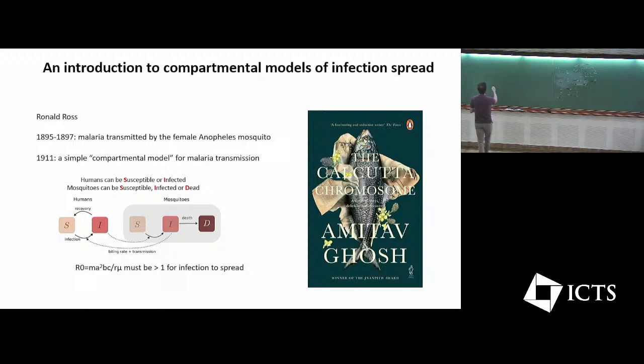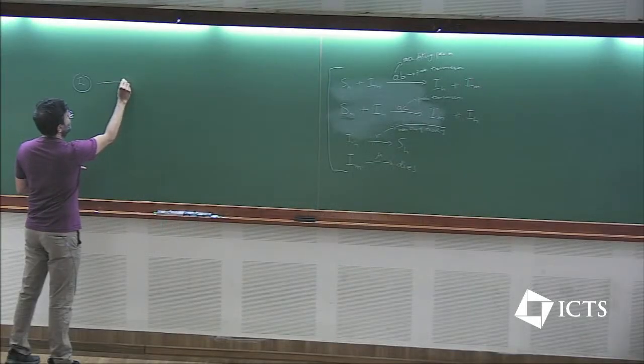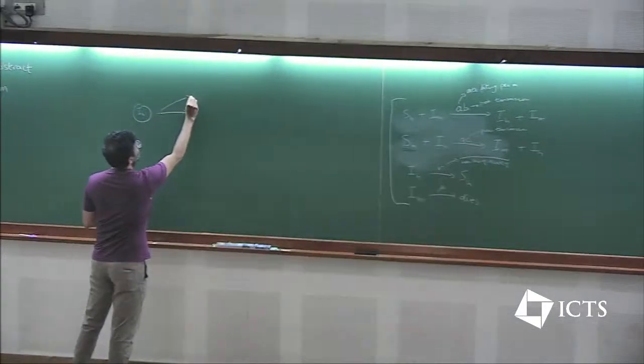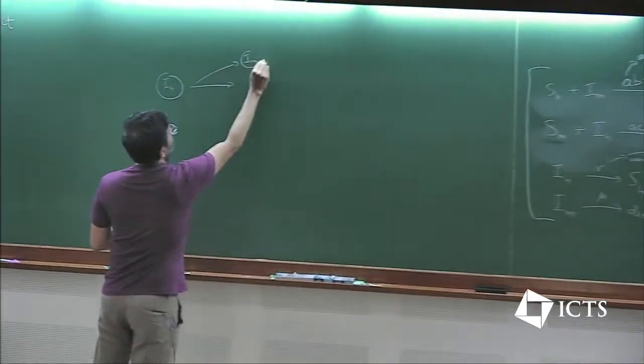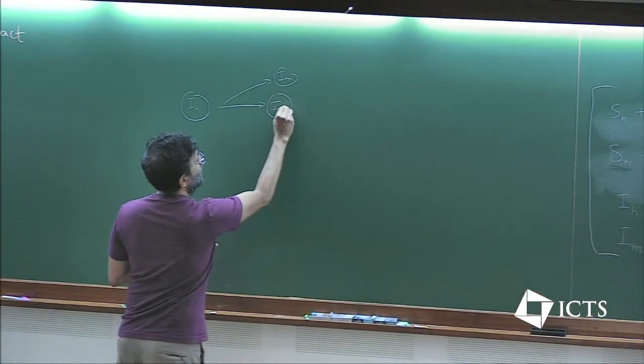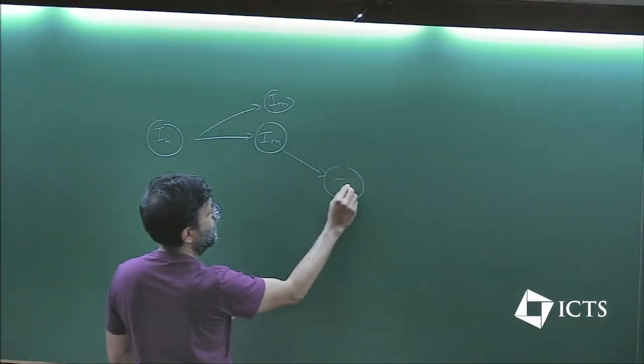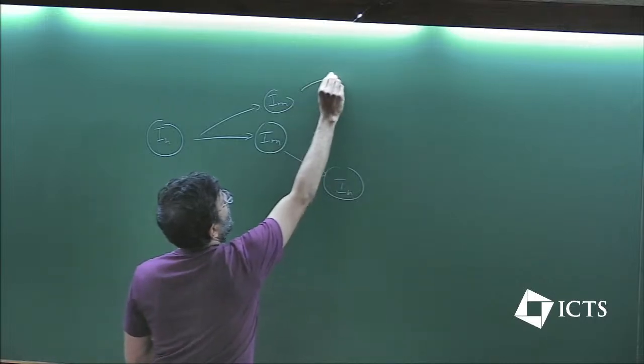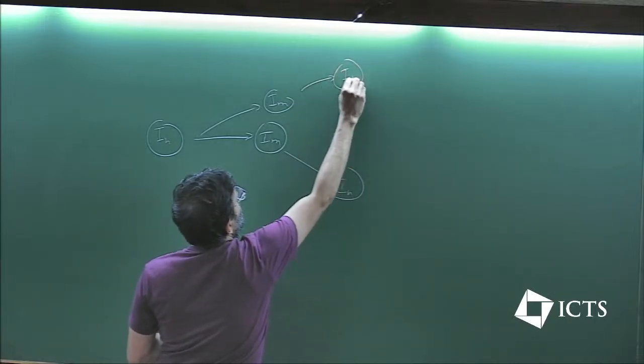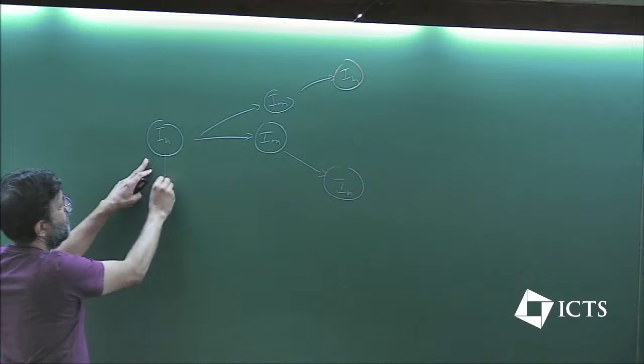Let's imagine one infected human. This eventually will infect one or more mosquitoes. We don't know how many. That depends on the parameters, which might infect another human. And over time, this human will eventually recover.